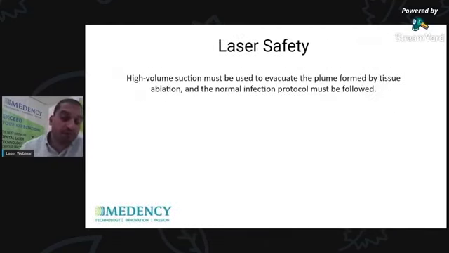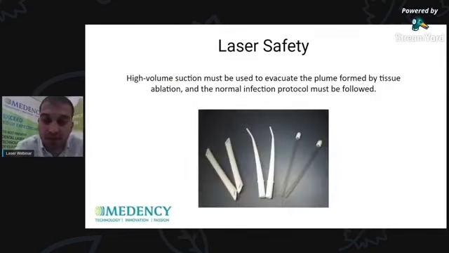One of the most important things, and many don't consider it, is the high suction or high volume suction. The problem when we use laser is that we have something called plume. The plume is the vaporized tissue, and the smoke that comes out from the diode laser.